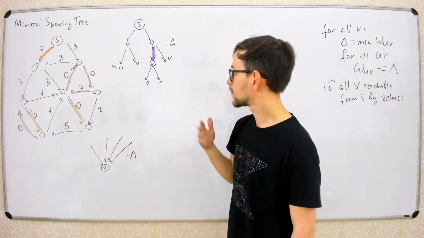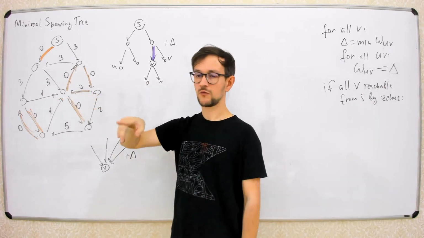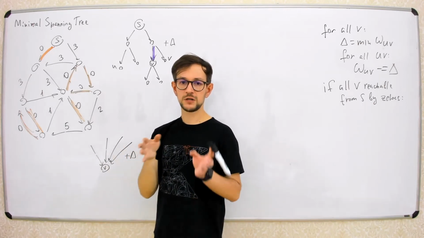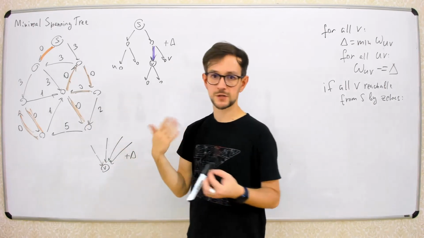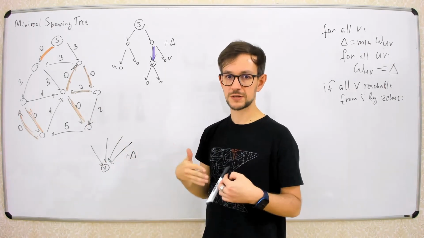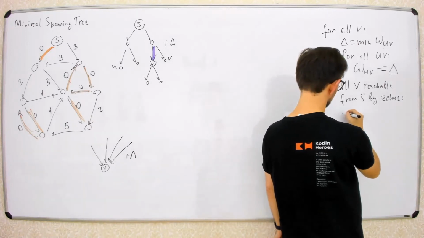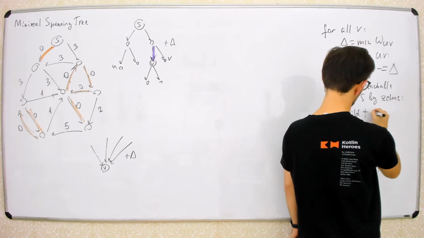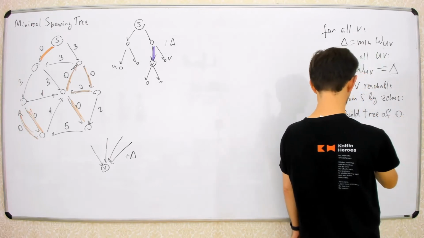So if in this graph you can reach every node from node S using only zeros, then you can build a tree with total weight equal to 0, and you can't make it less than 0. So 0 is the optimal answer. Build the tree of zeros. Return.